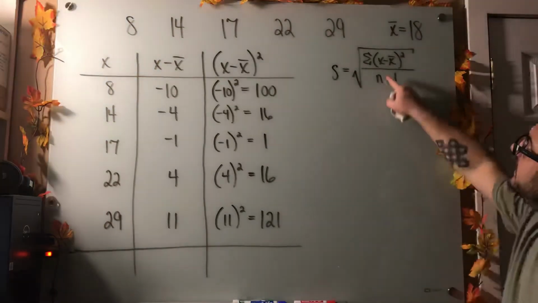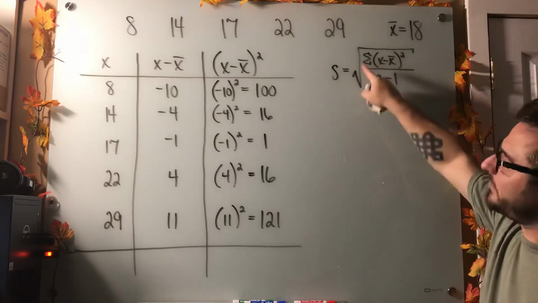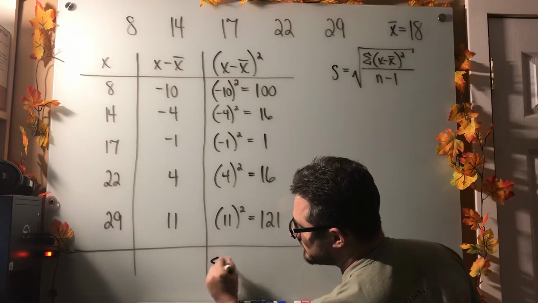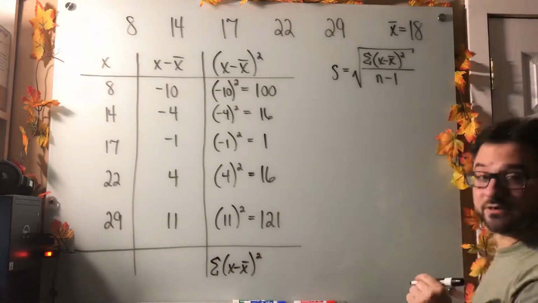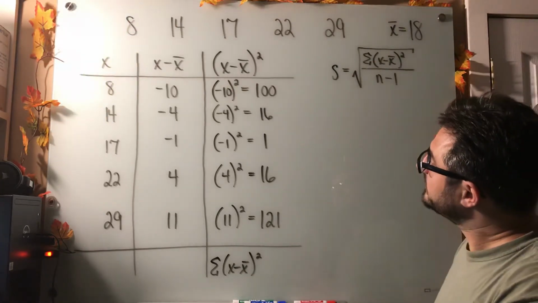So, start with the deviations, square them, add them up. This is where the calculator is going to come into play. We add all of this up.